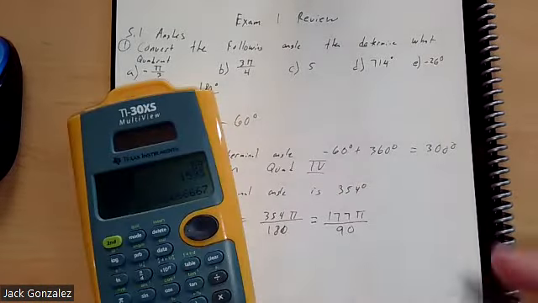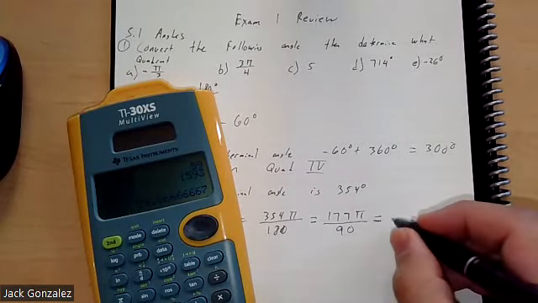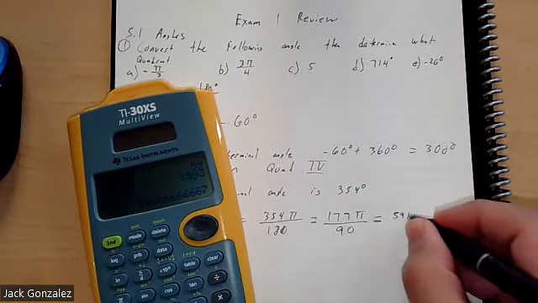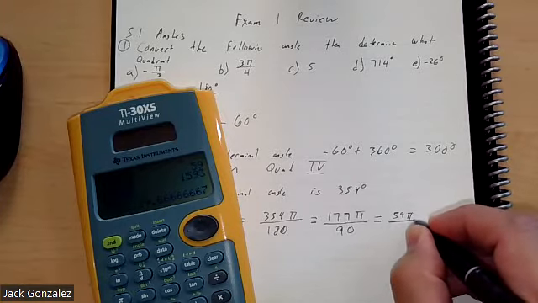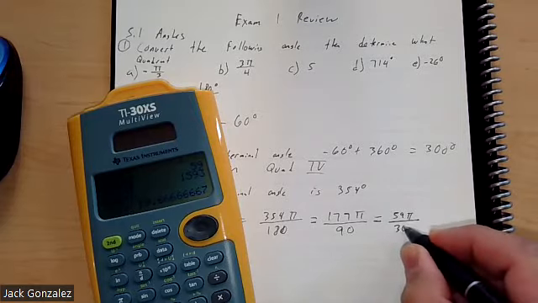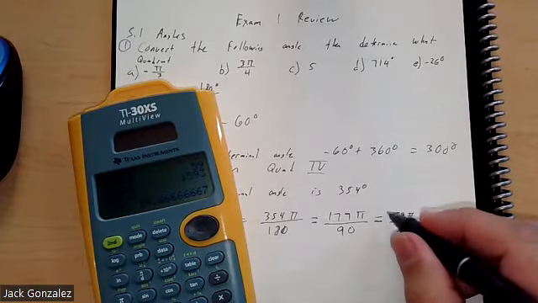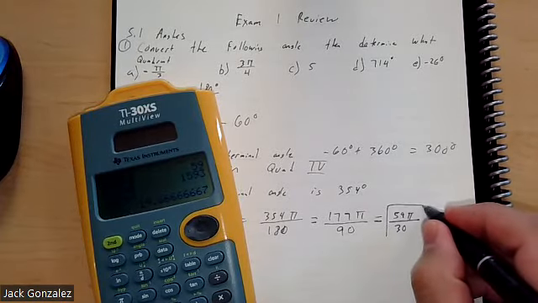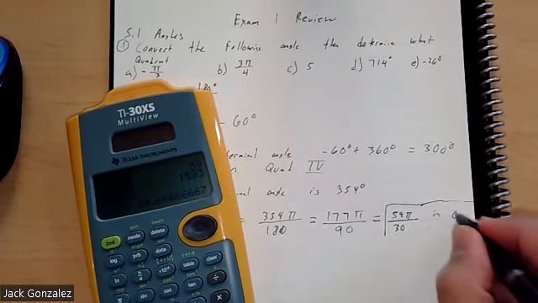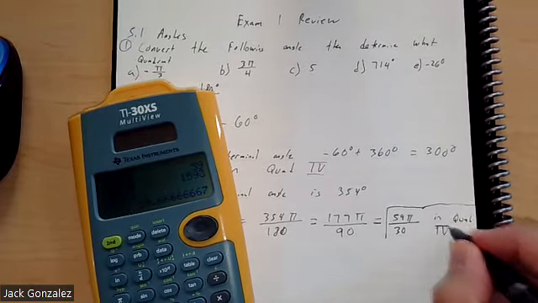So if we use 3, we will get 59 pi over 30. I think that's as good as it's going to get, right? This is your converted form, reduced. And quadrant, we said 4, right?